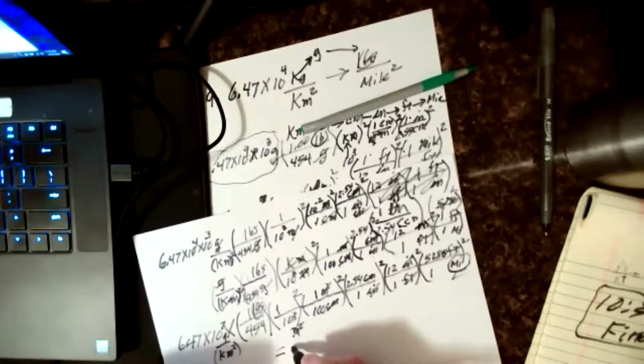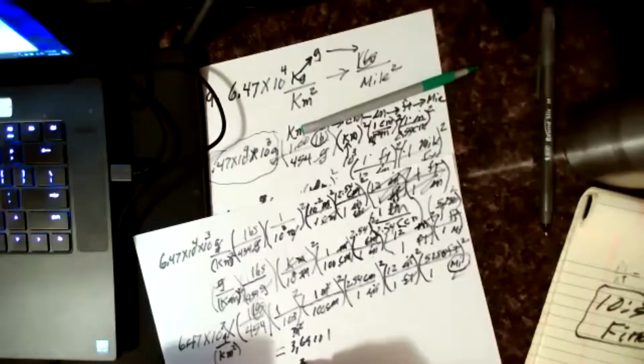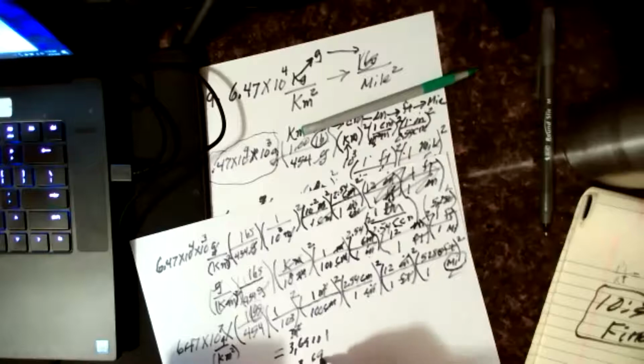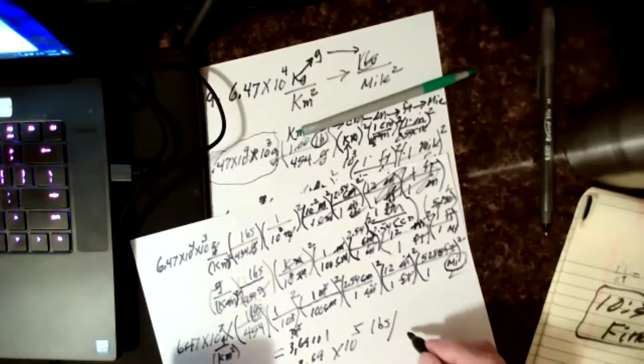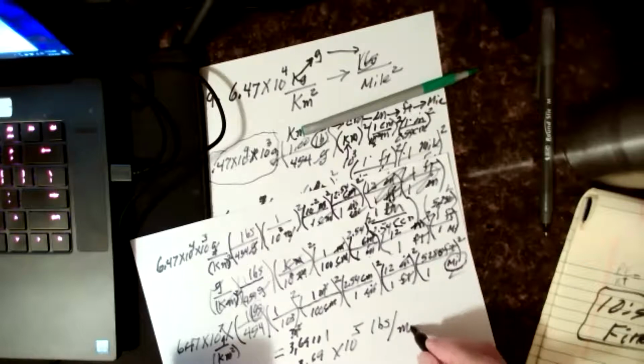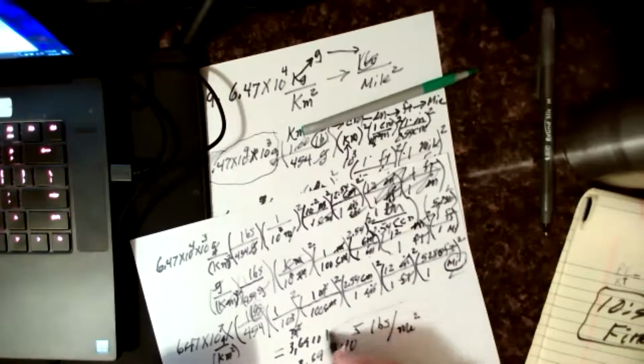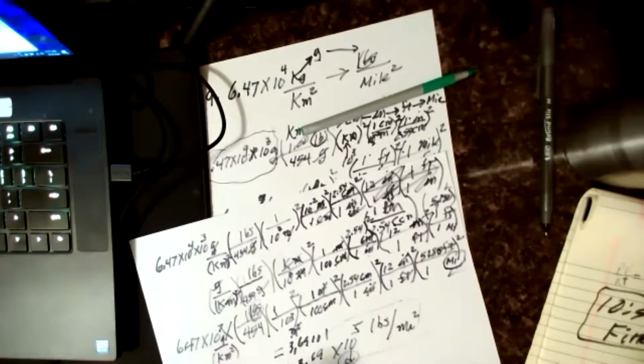Thank you, Lord. 3.69101. Oh, well, that's what I'm getting. So it's 3.69 times 10 to the 5th pounds per square mile. And that does turn out to be response D.